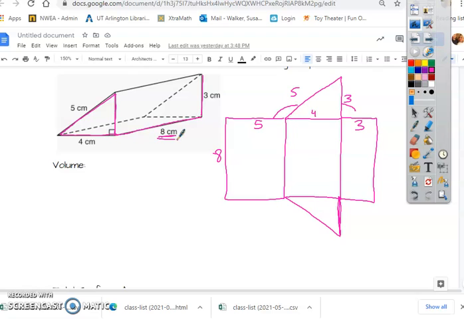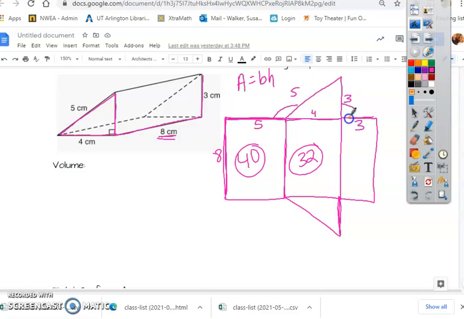However you want to do this, normally I like to do just area of each face. Rectangle is A equals BH, right? So base times height. 5 times 8, 40. Officially 40 centimeters squared. 4 times 8 is 32, centimeters squared.